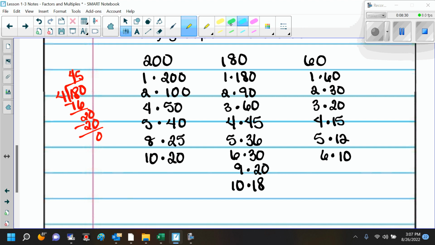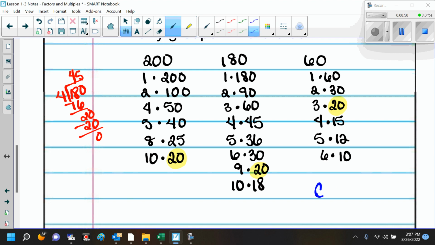So, you guys, the numbers that we have in common, we've got 1s, we've got 2s, we've got 4s, 5s, we have 10s, 20s, and I think that's it, right? So here, our greatest common factor is 20.